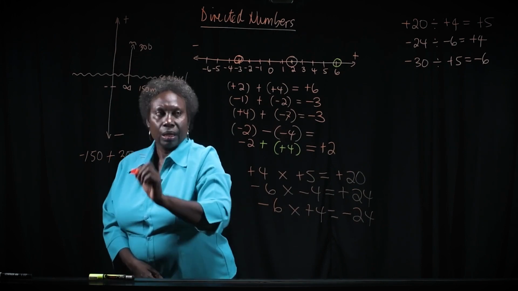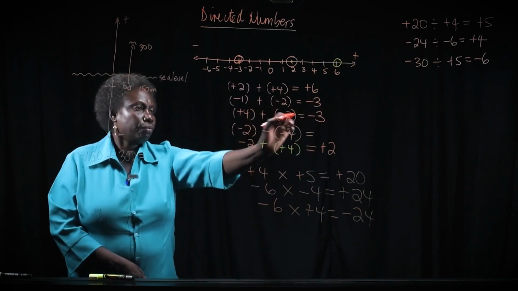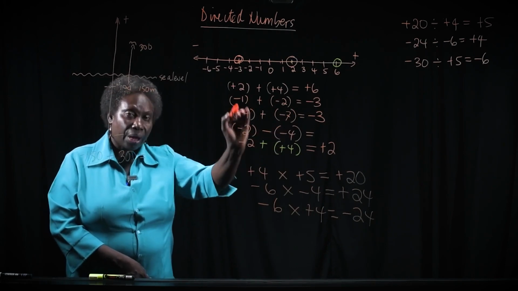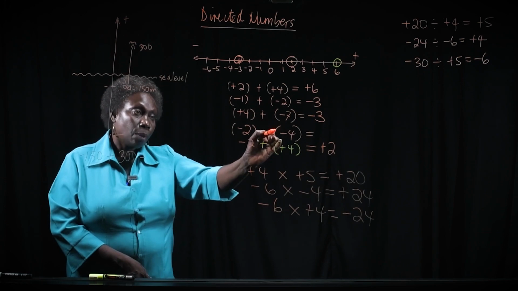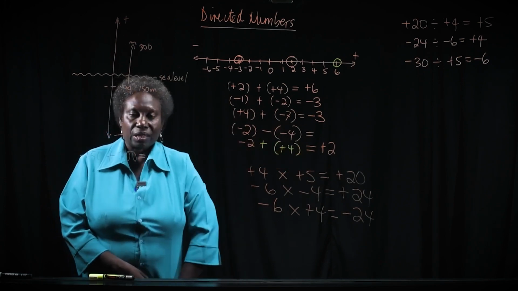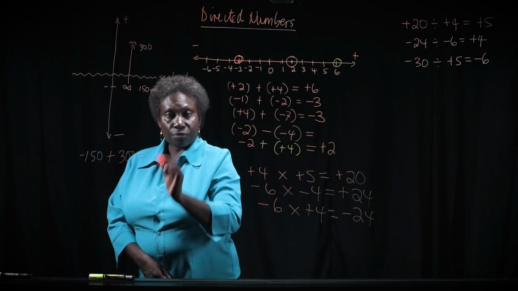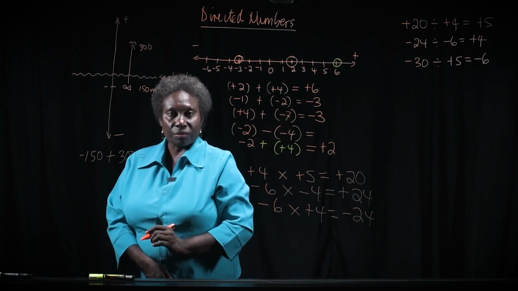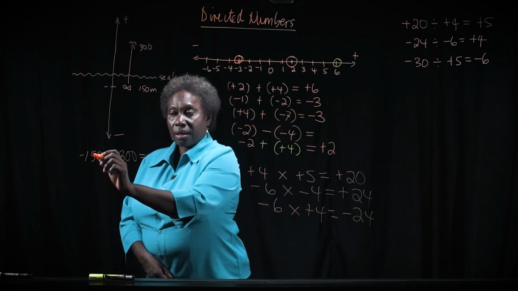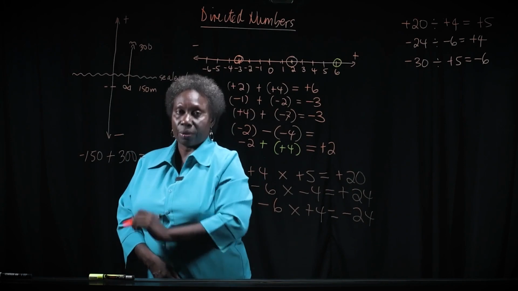Okay. We have seen in our addition of directed numbers with different signs that when we add directed numbers with different signs, put down the sign of the larger number together with their difference. So in this case, 300 meters is positive, so my answer will be positive, since 150, which is a negative number, is less than 300 meters.